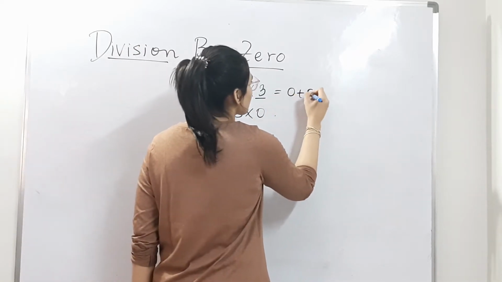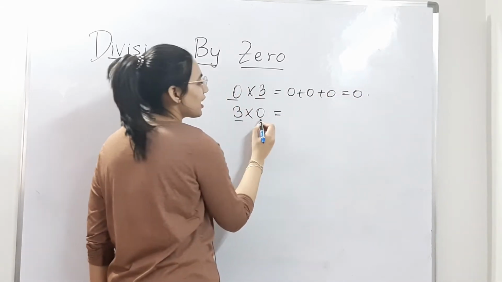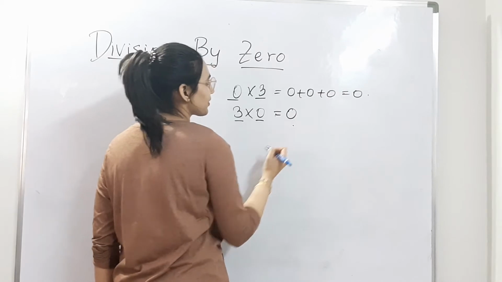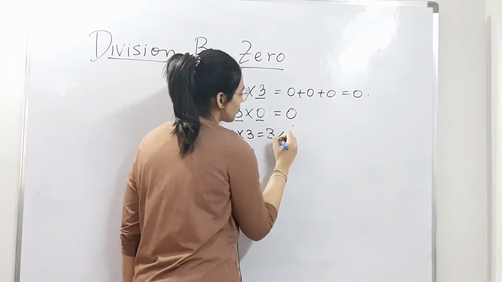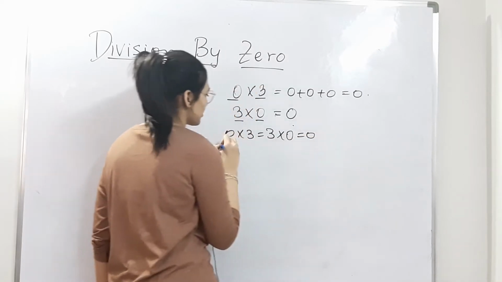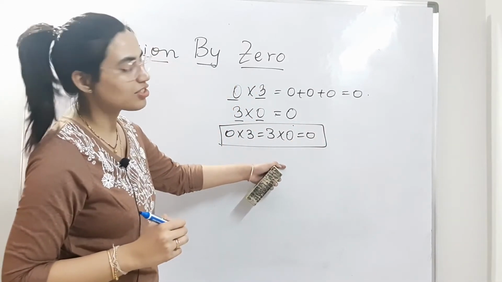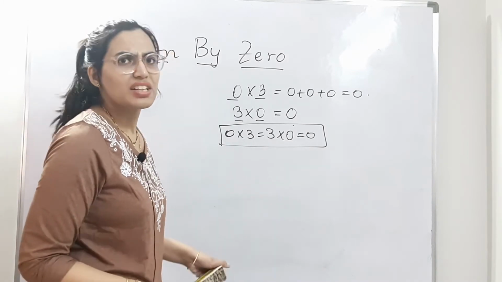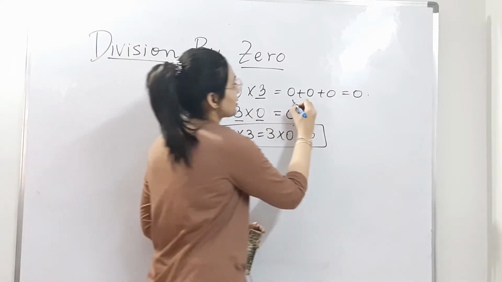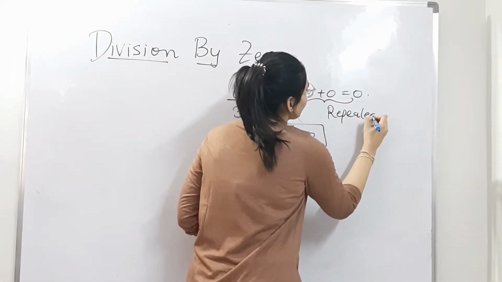So 0 plus 0 plus 0, answer is 0. And 3 into 0, 3 added 0 times, that is 0 only. So any way you add, 0 into 3 is equal to 3 into 0 is 0, right? So this is nothing but multiplication of a whole number or of any number by 0.